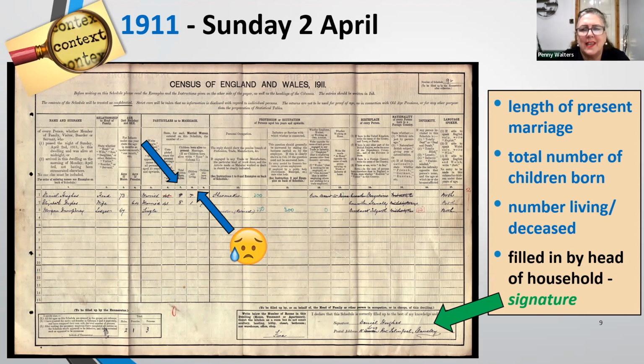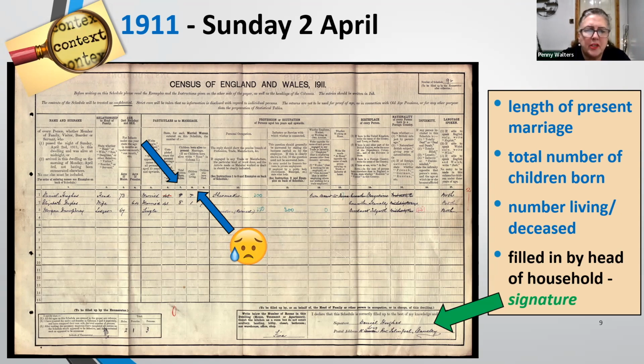So what's the length of the present marriage? And for genealogists, the loveliest column, how many children have you had? So we're overjoyed with this now. We've got how long have you been married? So we can go off and look for a marriage certificate. And how many children have you had? So we can realize that they've had 5, 10, 15, however many children.